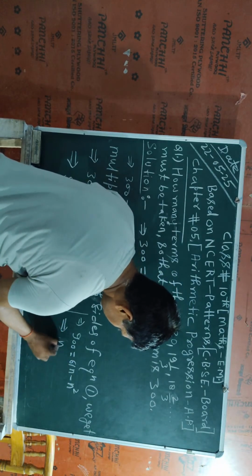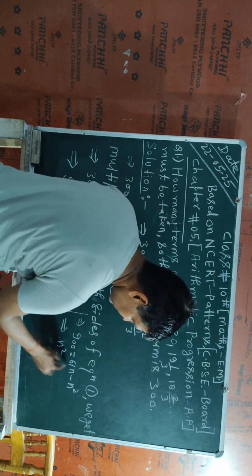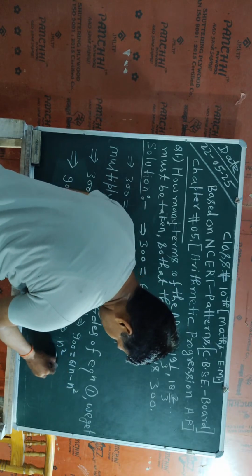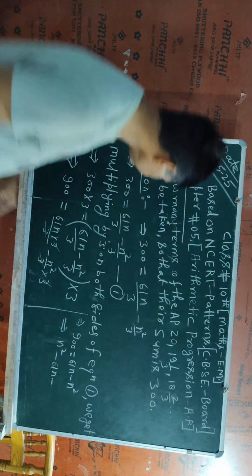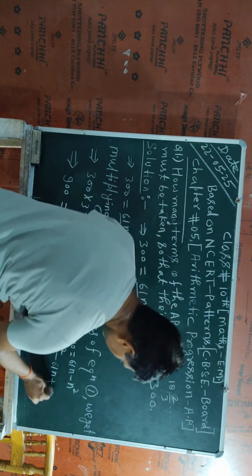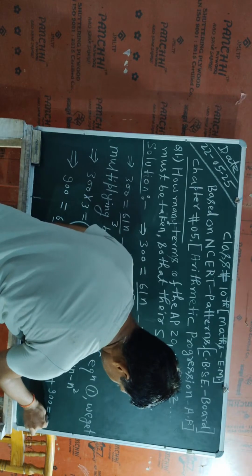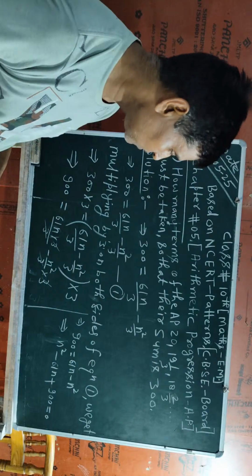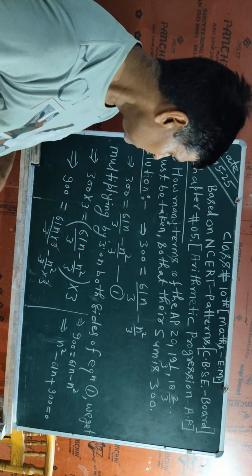So here will be n square, and then this 61n, that term is plus, so I will put minus 61n, and then this 900 is available here, so I will write plus 900, and then in the right hand side that will be 0.